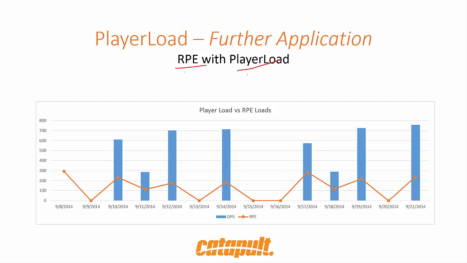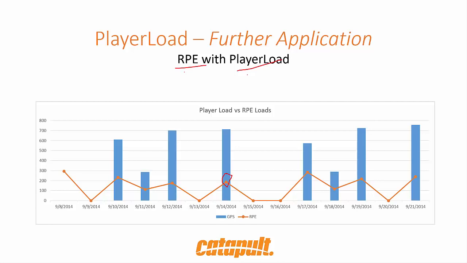And for the most part, if the athlete is filling out the logs consistently, accurately and honestly, then you'll see that when it was an intense session, their RPE is going to follow that pretty precisely. So when the player load is higher, you'd see your RPE higher.